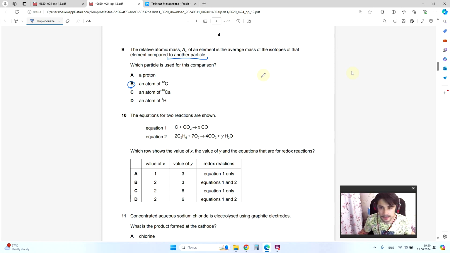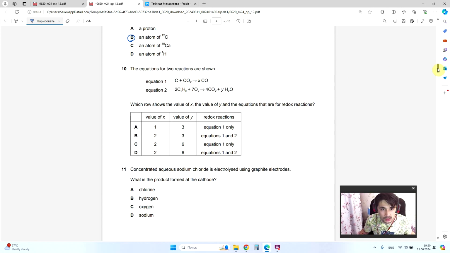So next question. The equations of two reactions are shown. So it's just two random equations here. Which row shows the value of x, the value of y, and the equations that are for redox reactions? Alright. First, we need to pick out the redox equation. In order to say whether it's redox or not, you need to assign oxidation numbers.